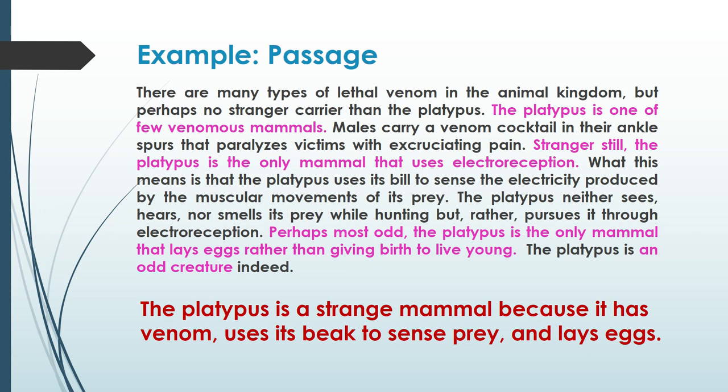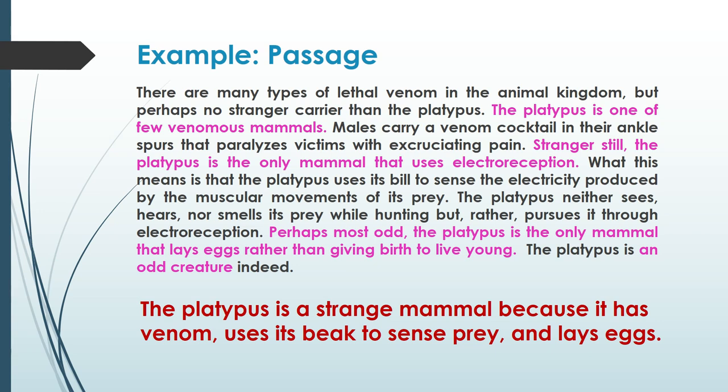So the red color towards the end, the two lines towards the end, is the shortened version of this whole paragraph. Again, there is no word length, there is no word count, there is no specific length. It's just based on the important points mentioned in the passage.